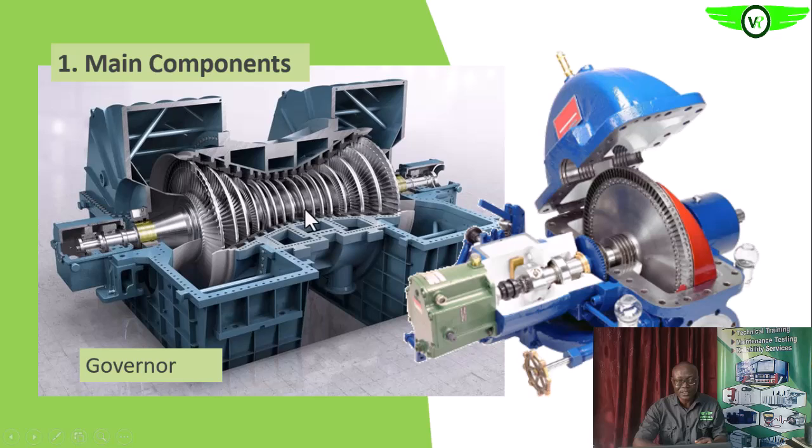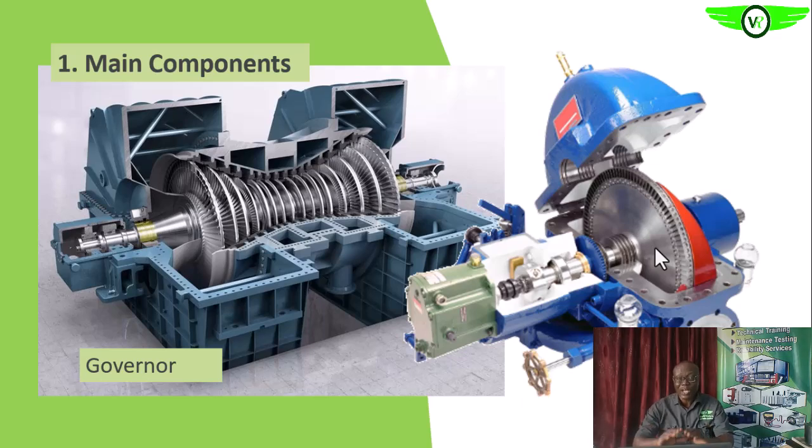Are you getting it? If you can control that rate, that will help to control the speed. That is exactly what the governor does: it regulates or controls the rate at which steam is administered into the turbine, and thus controls the speed of the machine.